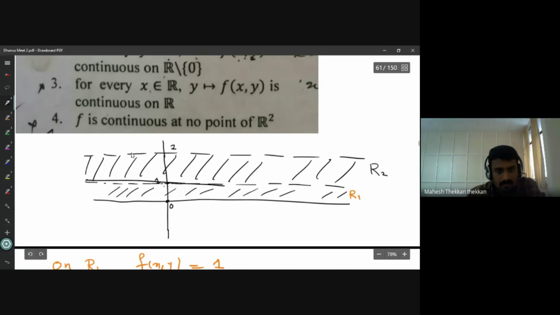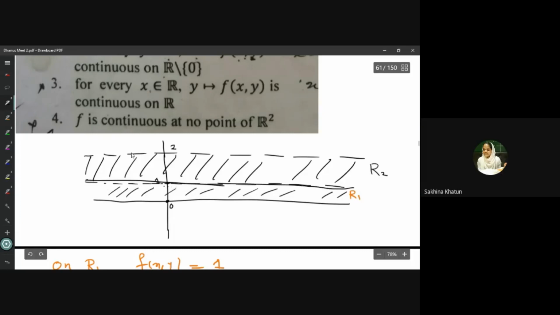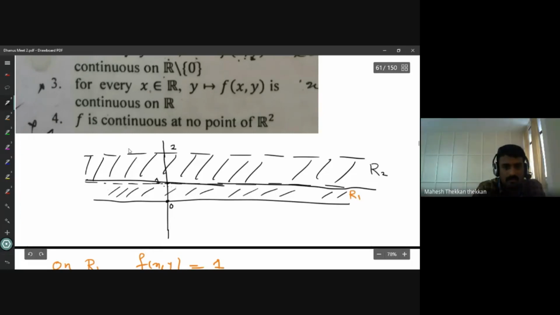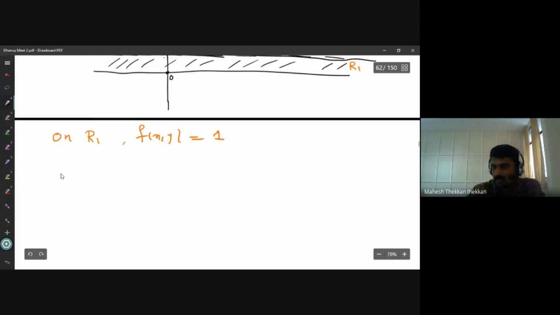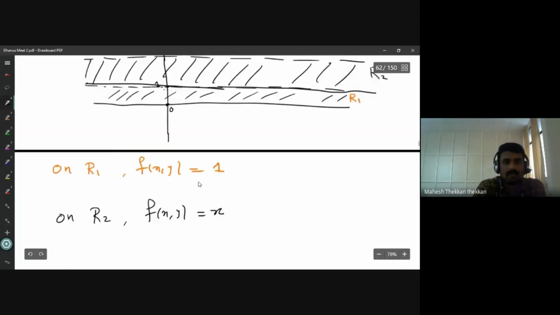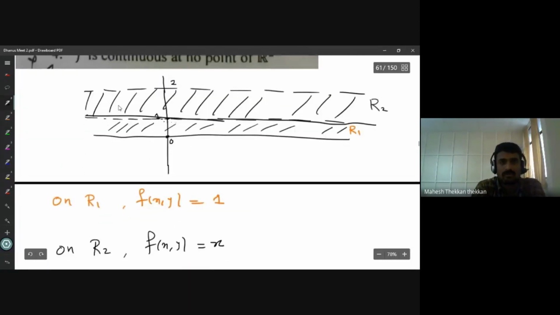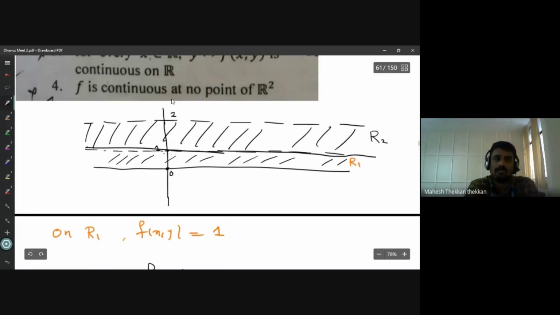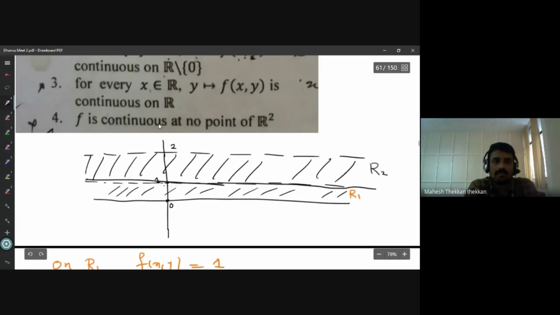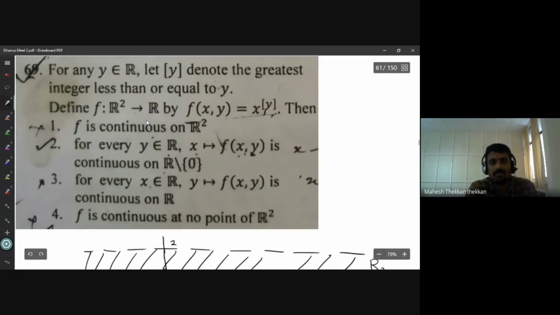This is my R2. What is the function value on R2? x itself. On R2, f(x, y) is x. Similarly, I can look at each one. In other cases the function f(x, y) is x square and so on. Then you tell me whether this function is continuous on the full domain R2.